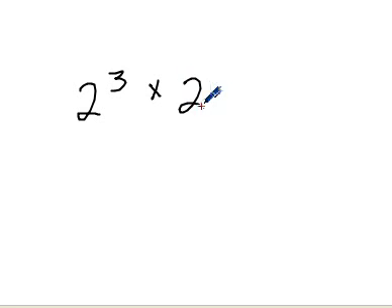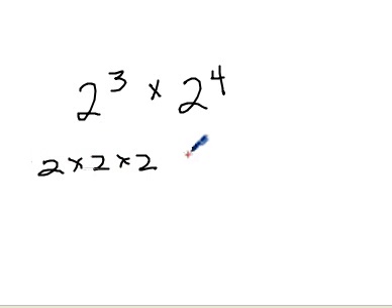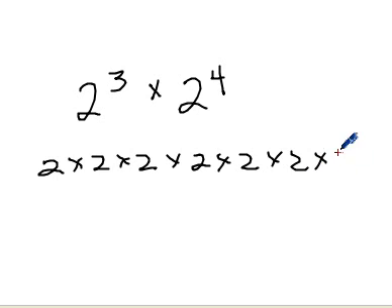So another example of that might be 2 cubed times 2 to the 4th. And just before we do it, try to think to yourself what the final result might be. I'm just going to do this in expanded form: 2 times 2 times 2 multiplied by 2 times 2 times 2 times 2.